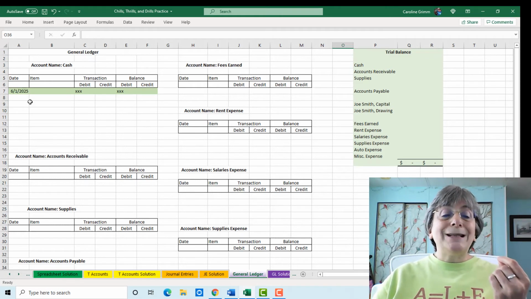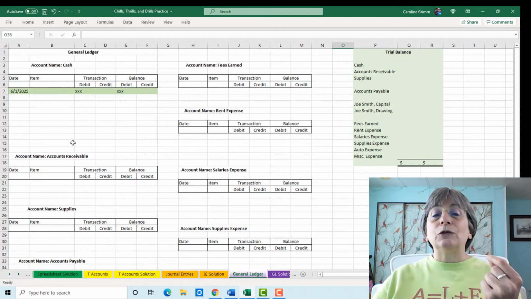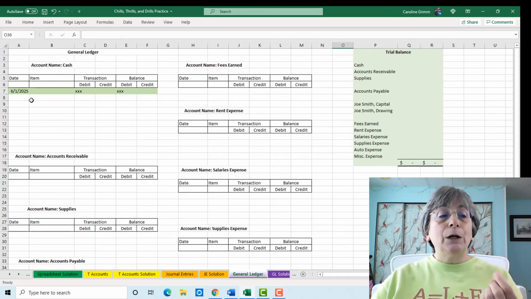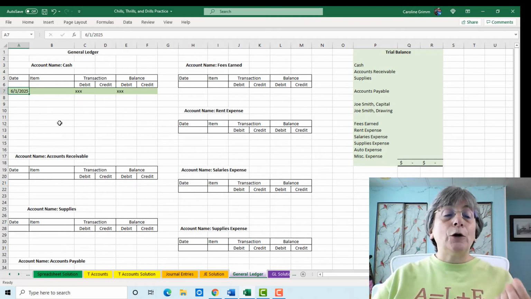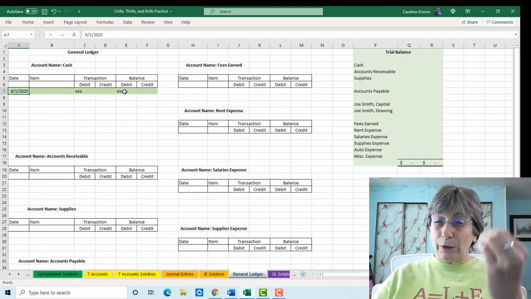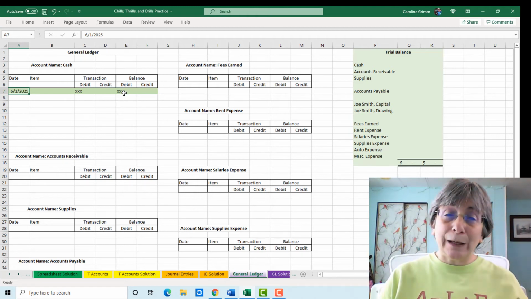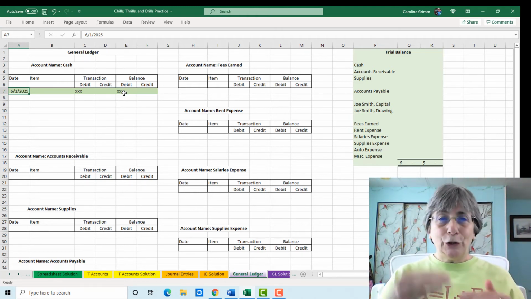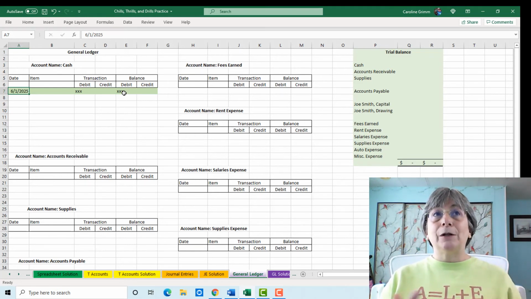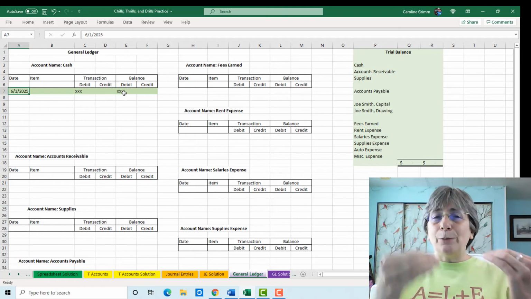And then we're going to take each one of those individual journal lines and we're going to enter that debit or credit in the appropriate account. So here's an example. We're going to put in our date. We're going to put in whether it was a debit or a credit, and then we're going to carry that over to the balance, and we'll keep a running balance for each one of those accounts. In particular, when you're thinking about your cash account, you want a running balance. Think of it like your bank register that you keep for your checking account.